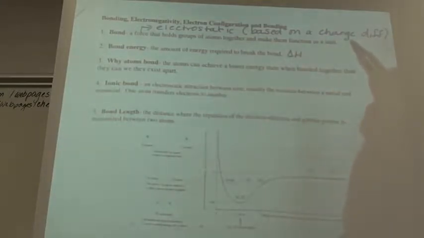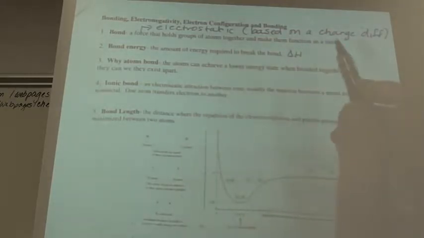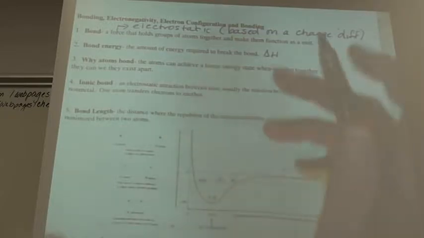Remember when we were figuring out the enthalpy change in a reaction? This was the bond energy chart, the weirdo one that was reactants minus products. The bond energies that you were given were the amount of energy you need to put into the bond in order to break it. The bond energy is based on Coulomb's law. Who knows Coulomb's law?